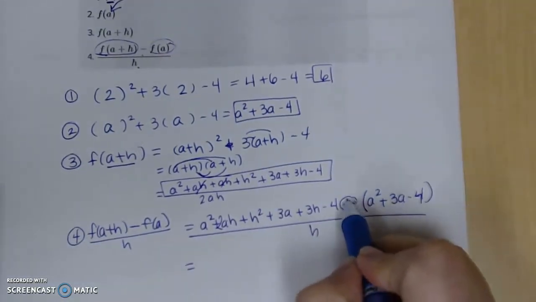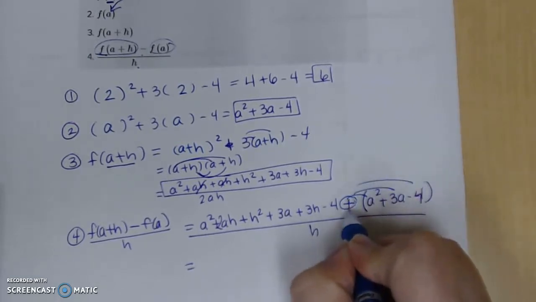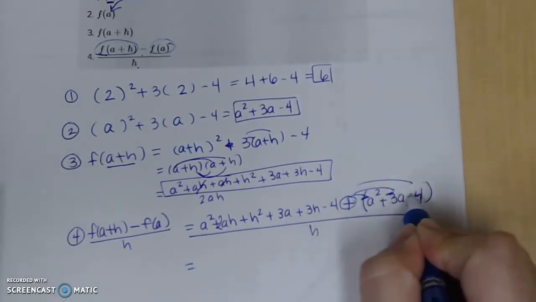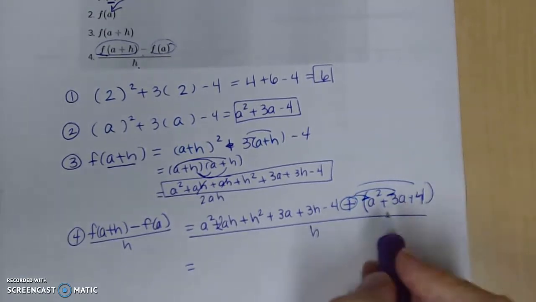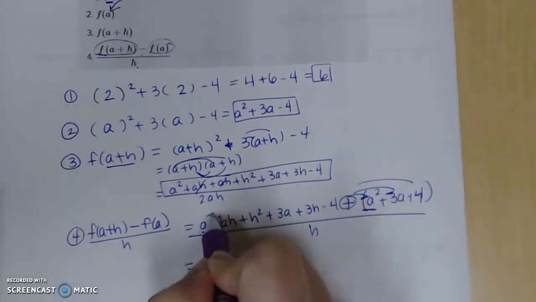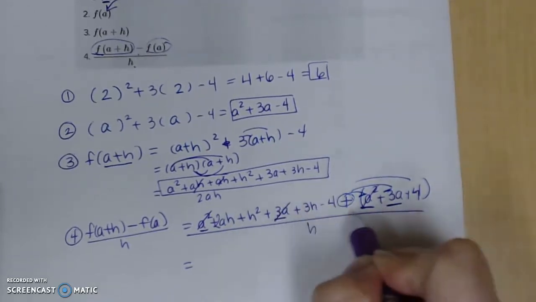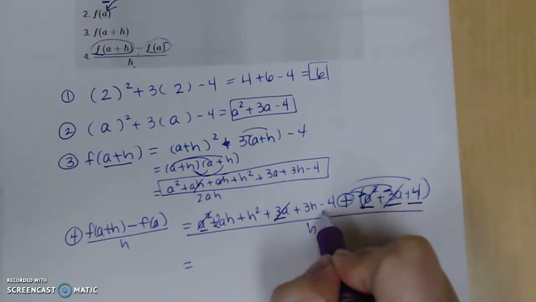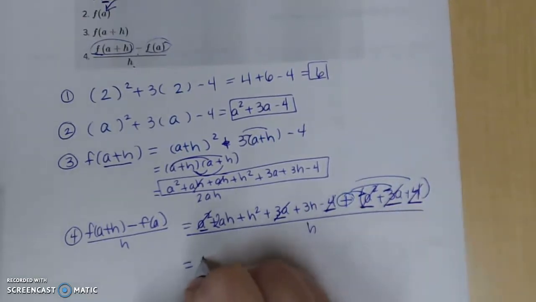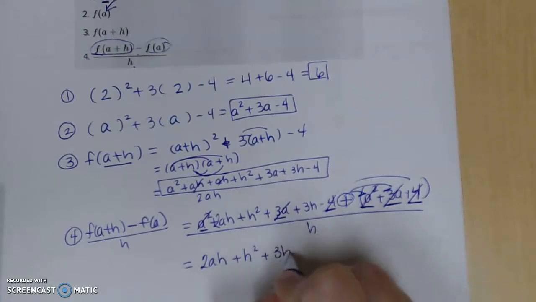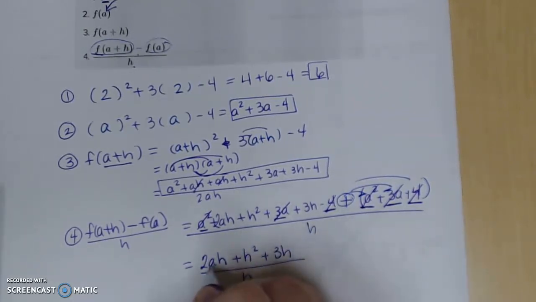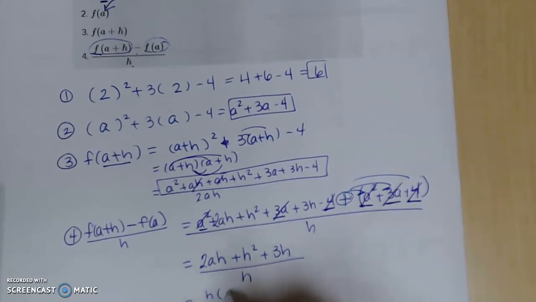Now I am going to clean this up a little bit more. I'm going to distribute this negative throughout here, which gives me positive, negative, negative, positive. And I'm going to combine like terms. Negative ah and positive ah cancel. Negative 3a and positive 3a cancel. And positive 4 and negative 4 cancel, leaving me with 2ah plus h squared plus 3h all over h. You can see they all have an h in common. h times 2a plus h plus 3, all over h.